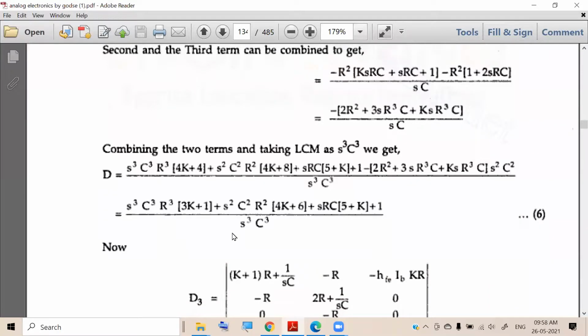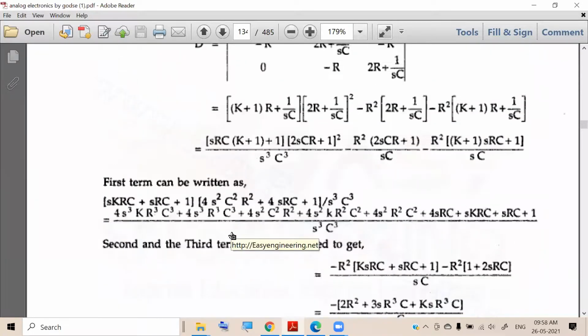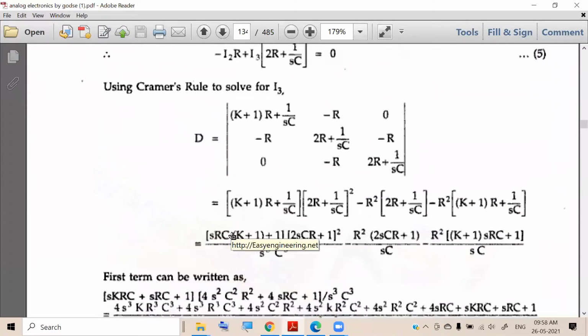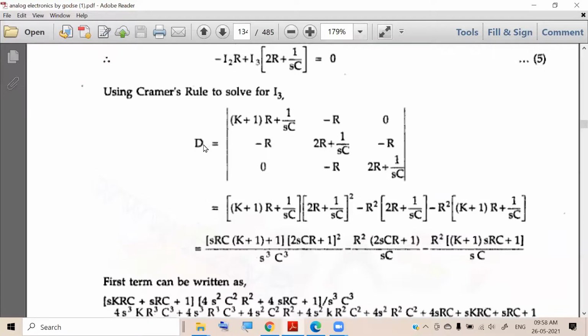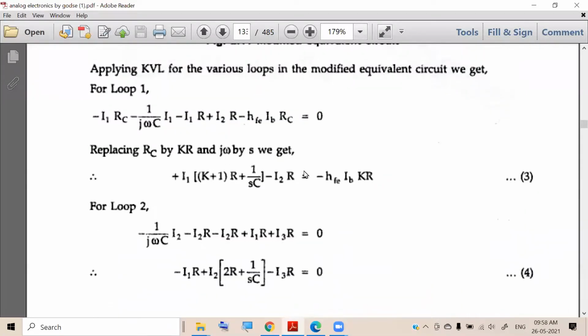Next, how to find I3? I3 is D3 by D. We have D. What will D3 be? Whatever is in the RHS of the three equations we replace in the third column.